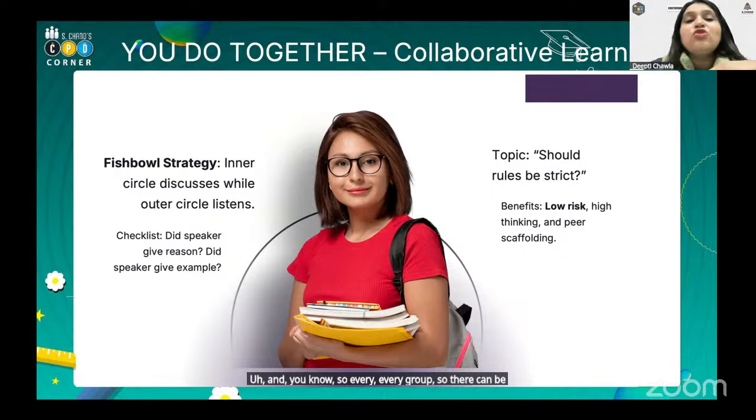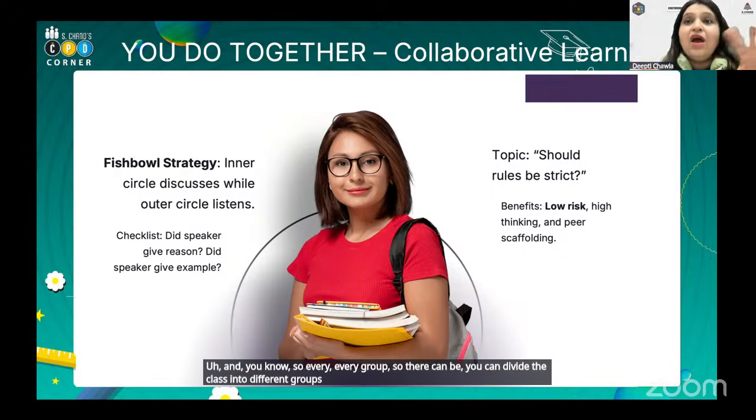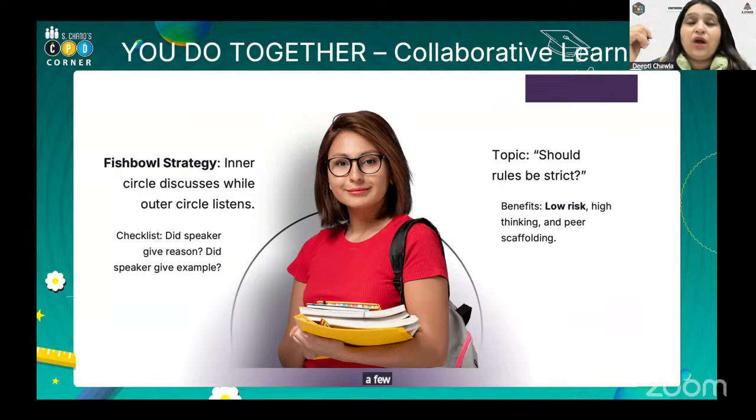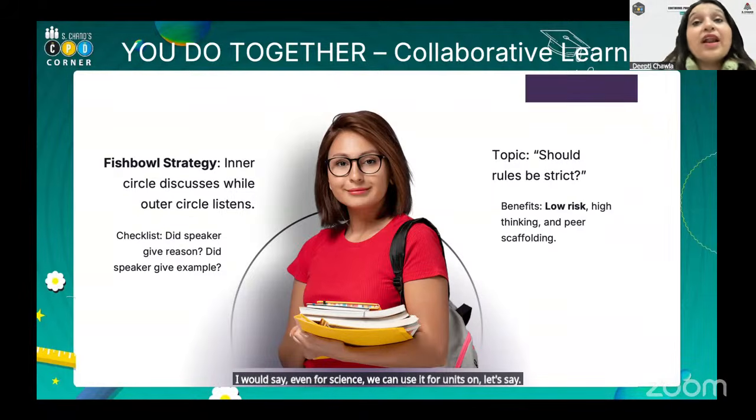You can divide the class into different groups, and they all discuss a few things. So I'm sure that geography related topics can be dealt with very well. Even for science, I would say we can use it for units on, let's say, ecosystems and climate.